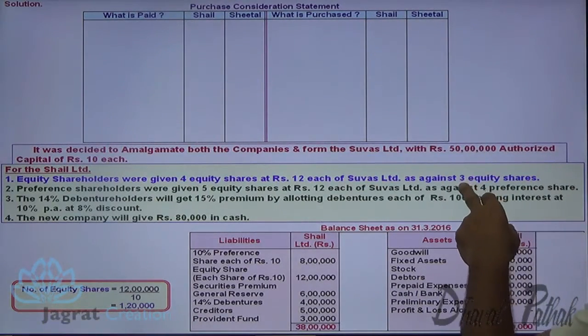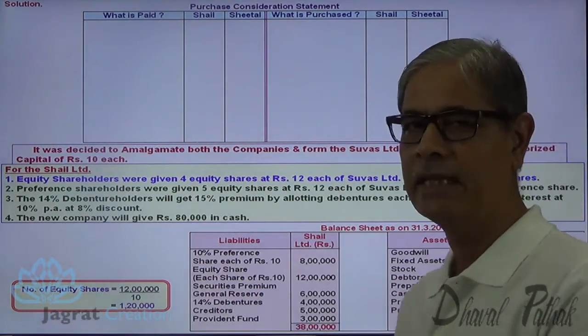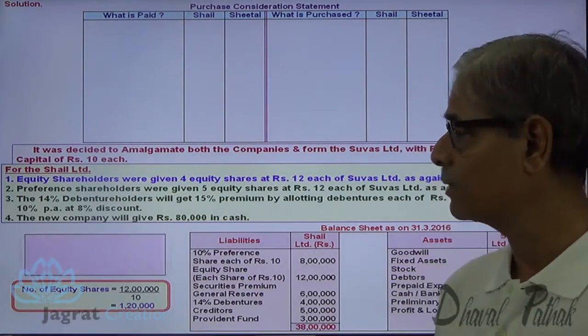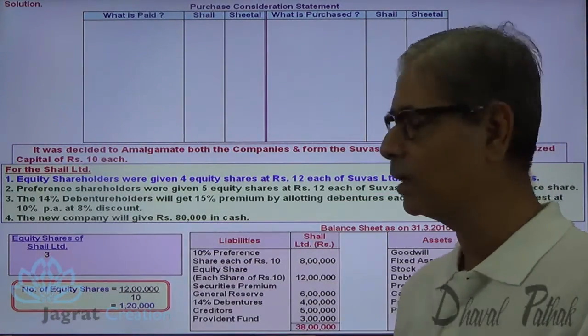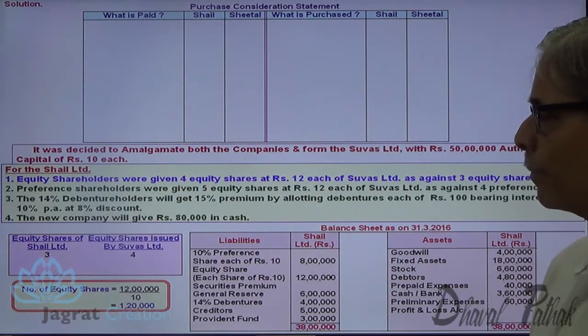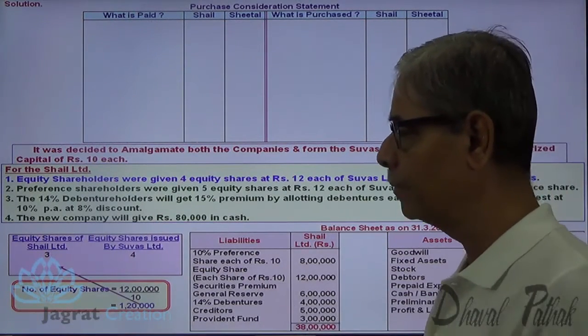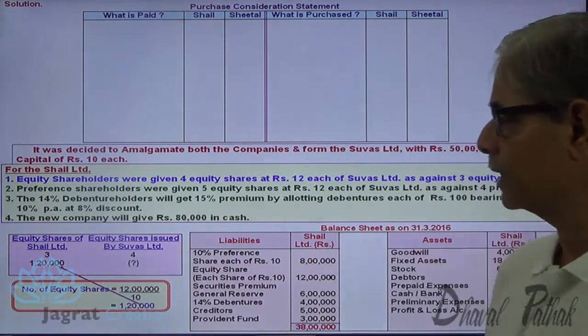What is the exchange ratio? For 3 equity shares, 4 equity shares are given. How many equity shares need to be given for 1,20,000? So 3 shares of the vendor are exchanged for 4 shares of the purchaser. How many shares are to be given if the total number of shares is 1,20,000?